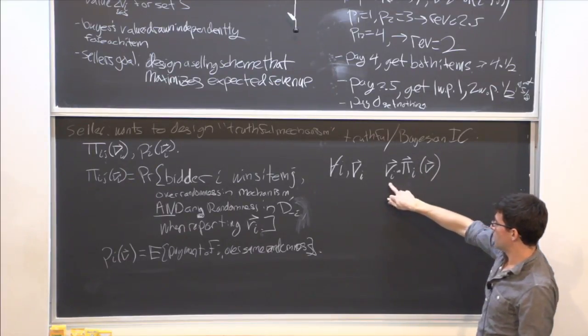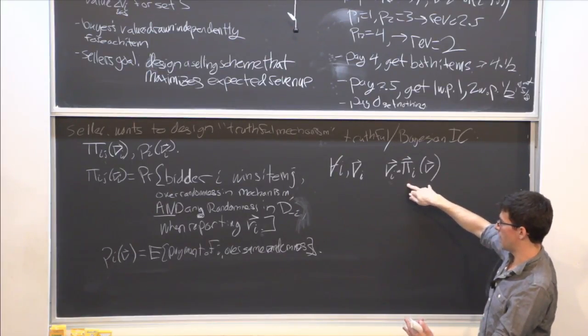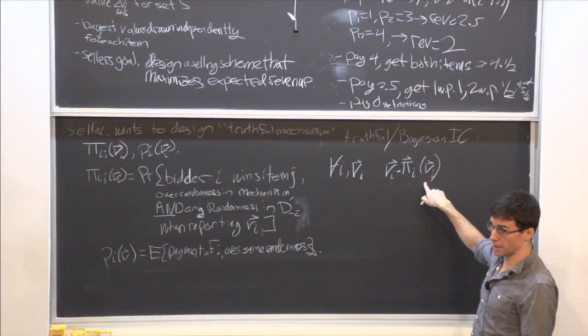This is just saying what is your value if you report v_i to the mechanism.